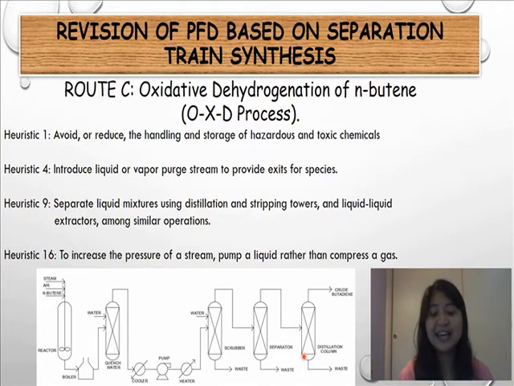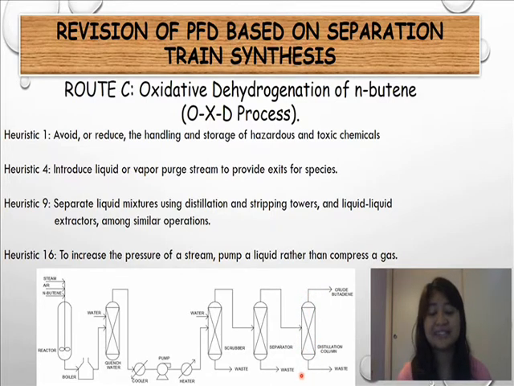Thirdly is heuristic 9, which is to separate liquid mixtures using distillation and stripping towers and also liquid extractors among similar operations. Heuristic 9 can also be applied in our process because of the presence of the distillation column that separates the liquid mixture in the process.